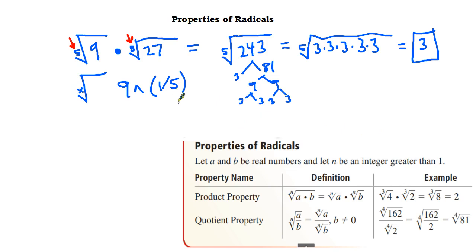Okay. So this is called the product property, where when you have two radicals multiplied together, you can put the radicands together inside and multiply them. Or one neat thing about this, I love in the definition here, it shows that you could go the other way. If you have something that looks like this, you could break it up into parts, and that's how we simplify radicals. So let's say we had something like the fourth root of 32. 32 is actually 2 times 2 times 2 times 2 times 2.